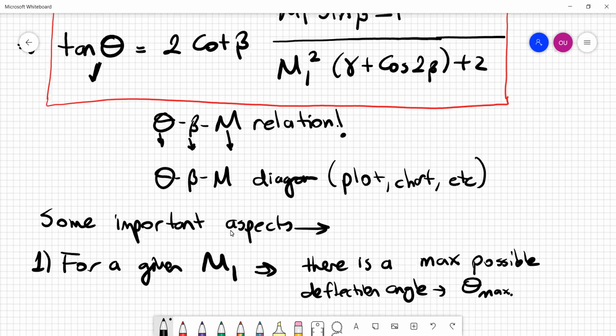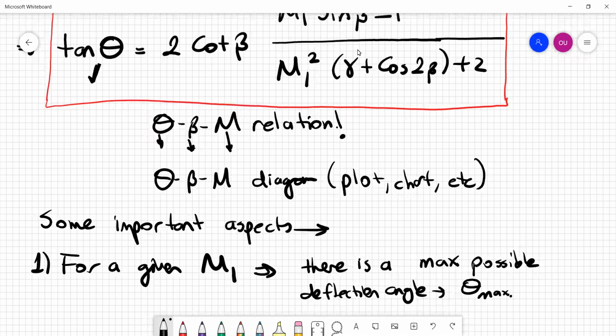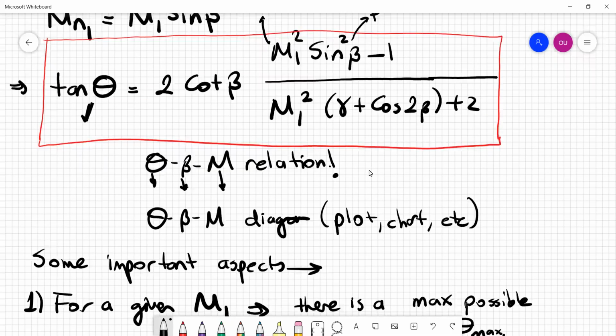This equation will be true for theta values below that theta max value. The equation will not be valid if the theta value is above that. So it will not produce any solution for beta, basically. That's mathematically what I'm trying to say. It will not produce any beta if that theta is over theta max.